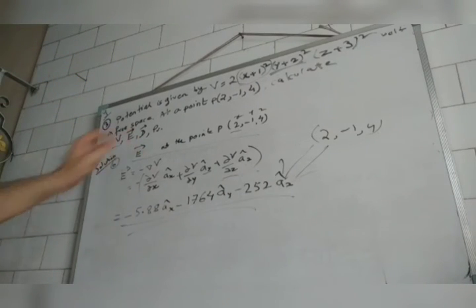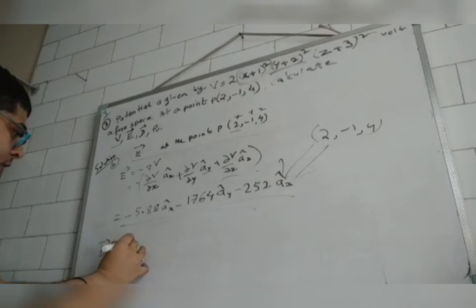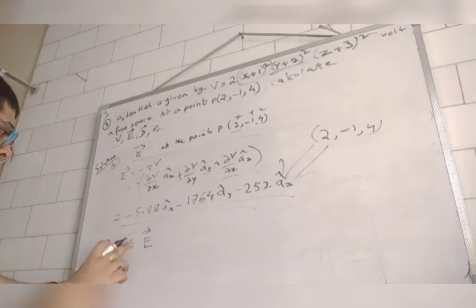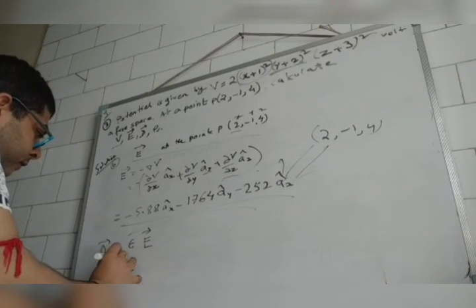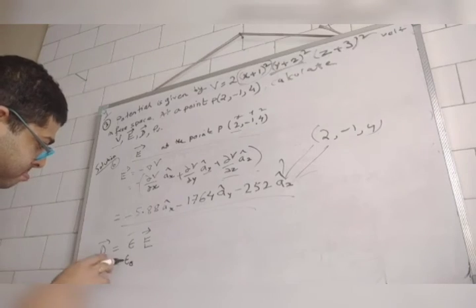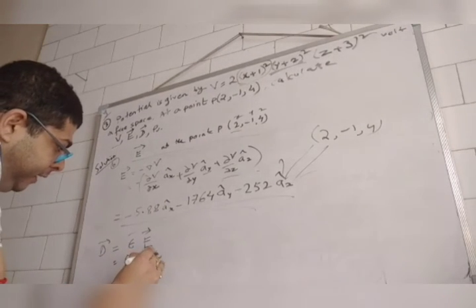Now let us calculate the D. What is D? Flux density is related to electric field by this formula, D is equal to epsilon E. And remember one thing, what is this epsilon? I told you, this is basically the permittivity of free space into the relative permittivity of the medium.